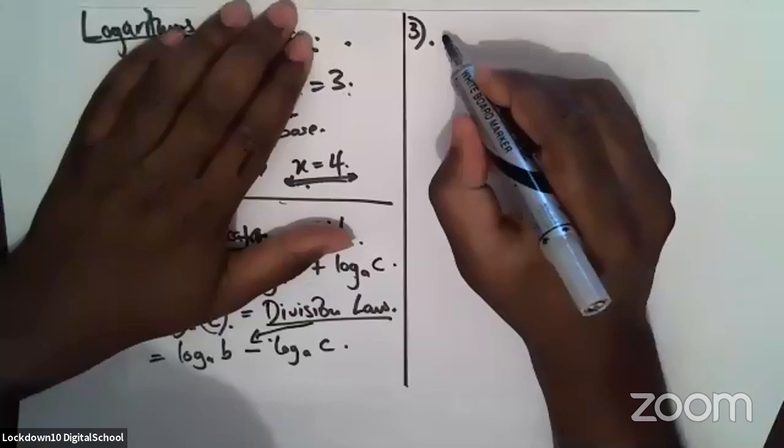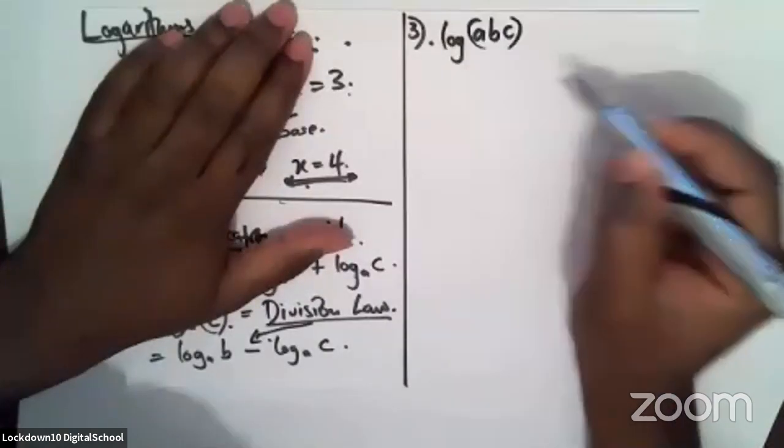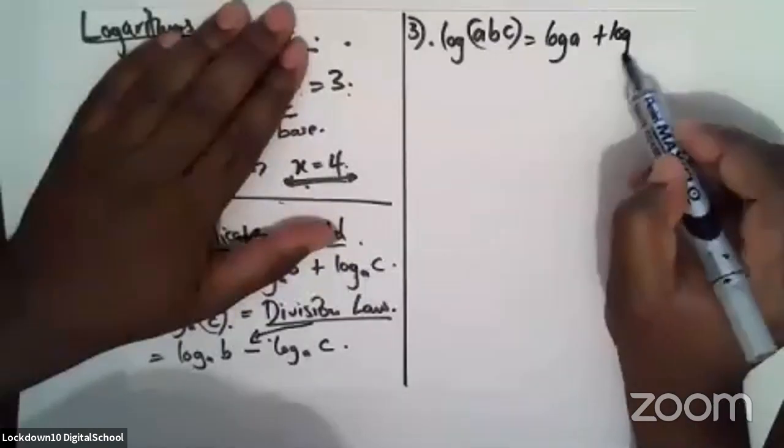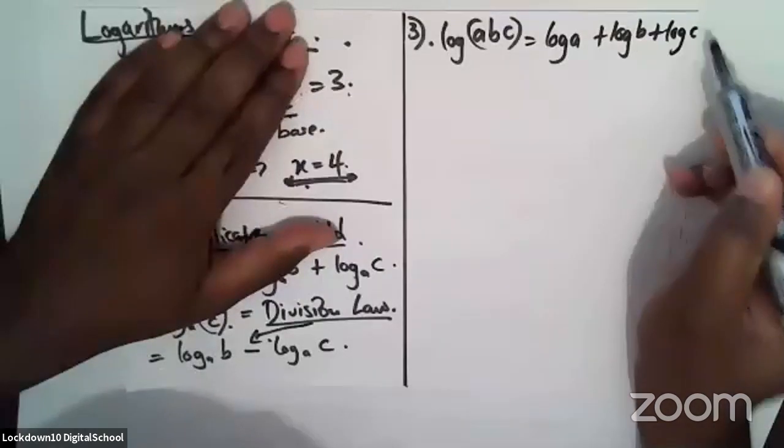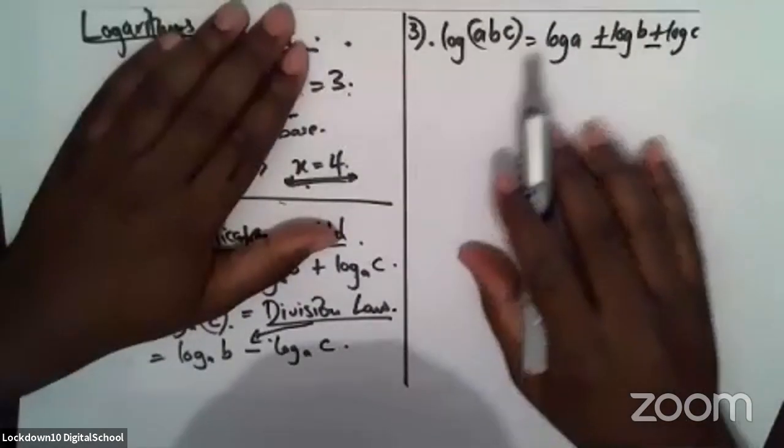If I have log of ABC, by the multiplication law this becomes log A plus log B plus log C, because if I have anything that is multiplied, I add. That is what the multiplication law states.